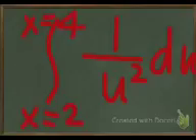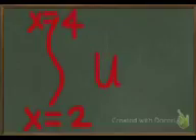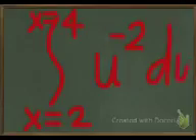Simple enough, right? If you still cannot see how you're going to solve it, I can put it another way for you to see question 59 again. Like this, then you can write down u power negative 2 du.